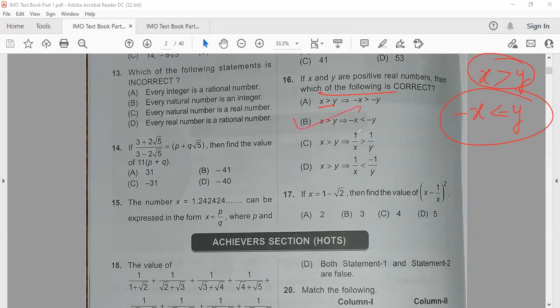That means this is the correct option. No one else, don't go with others. Because if x is greater than y, then if you multiply with a minus sign, the inequality gets changed. If x is less than y, then x greater than y with minus sign, minus x is greater than minus y.